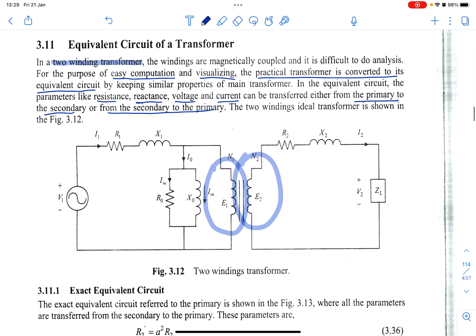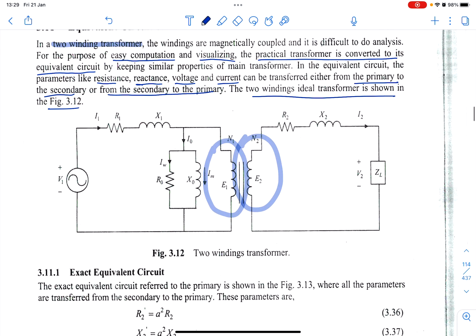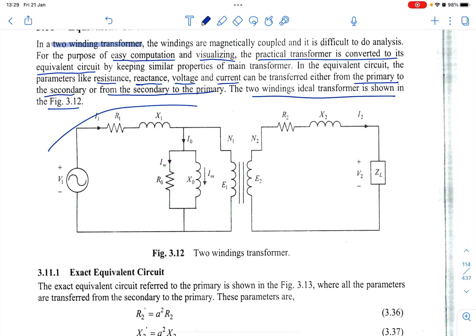So the two-winding ideal transformer is shown in figure 3.12. Let's say this is your primary winding, where you have the no-load parameters. You have I0, R0, and X0.